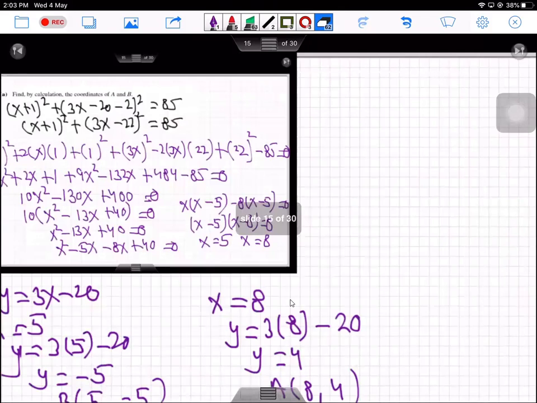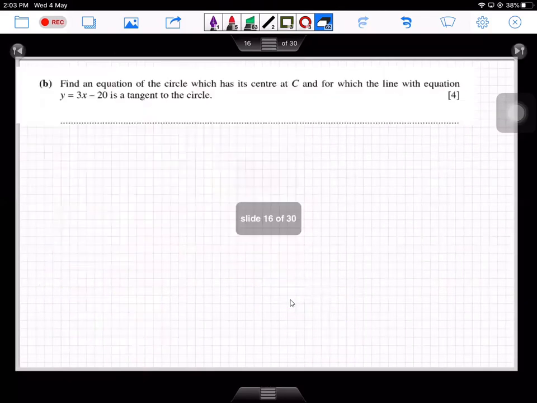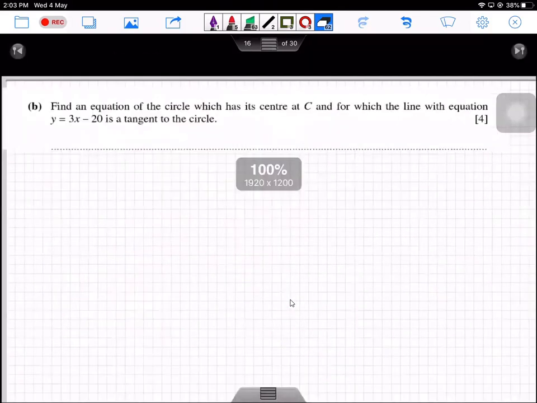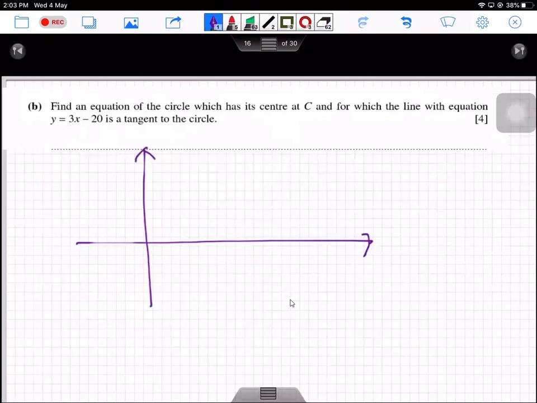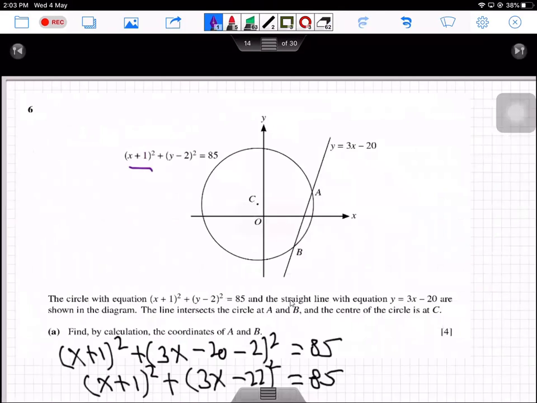Okay, so let's just make a sketch over here in order to make things easier for ourselves to comprehend. As you can see, the coordinates of C are minus 1 comma 2, because the equation of the circle is in the form of x minus a whole squared plus y minus b whole squared equals r squared.